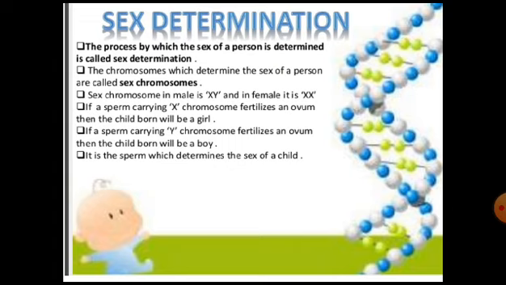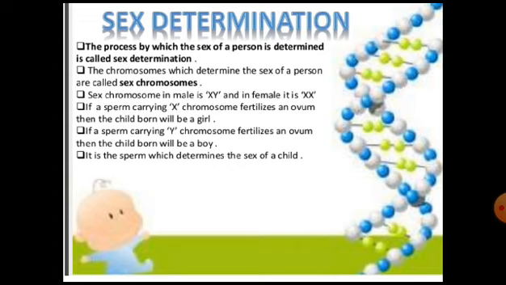During the process of sperm formation, that is gamete formation, there is a segregation of the chromosomes. That means the X from the male will go into one sperm cell and the Y will go into another sperm cell.